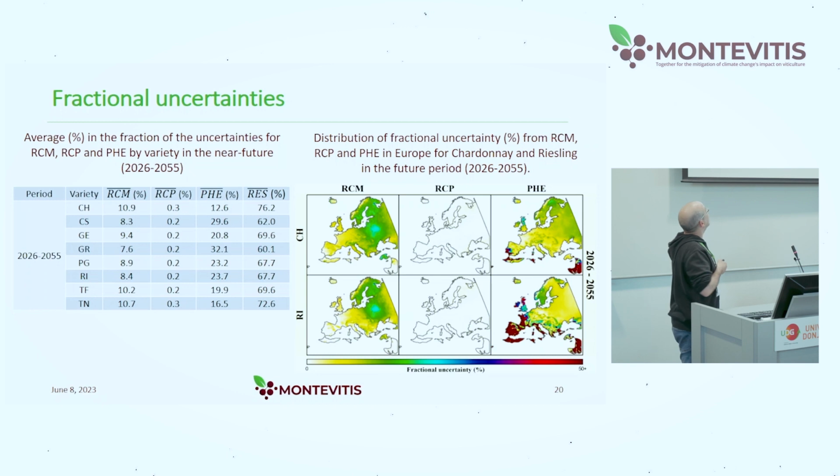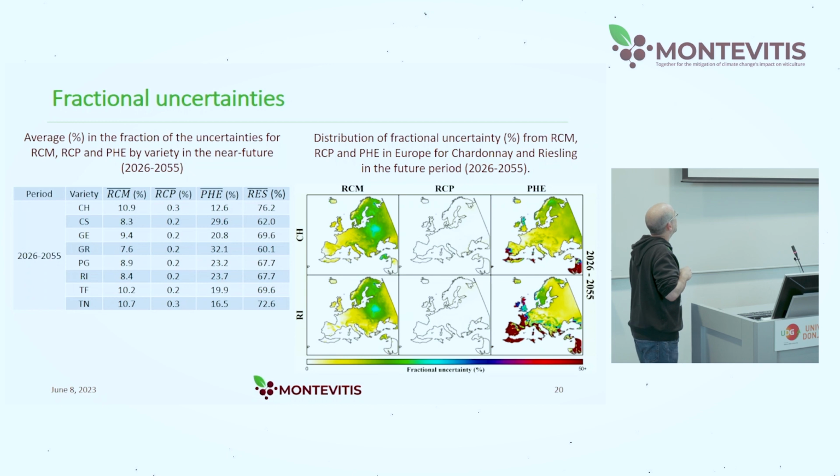So we did the ANOVA, and then we more or less averaged the results for all of Europe. We see here the percentage of variability of each of the sources, and we can see that the main one comes from the phenological model in all of Europe, and the second one is from the regional climate models.